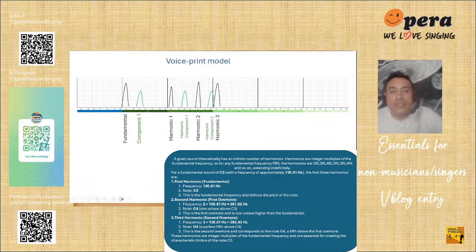Calculations lead us to understand that its second harmonic will be a B4, and that the third harmonic is going to be an E5. Also, as we did with the fundamental, we are stopping after three harmonics because remember they extend to infinity.